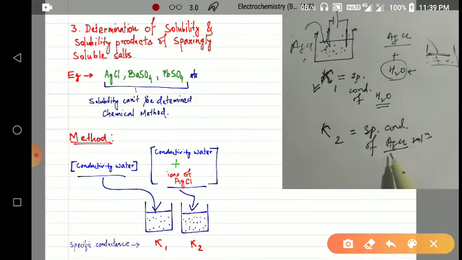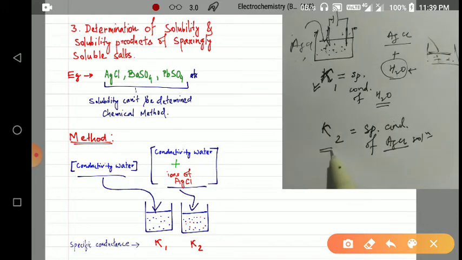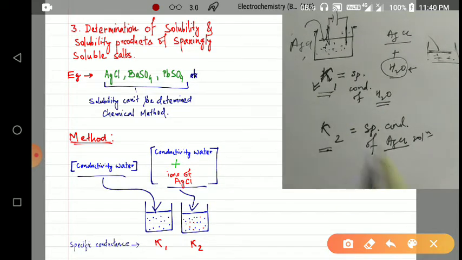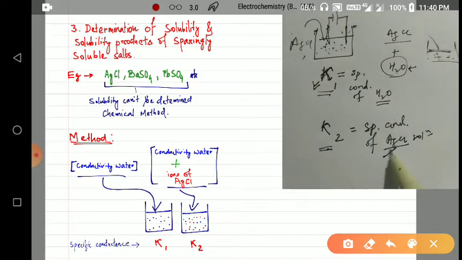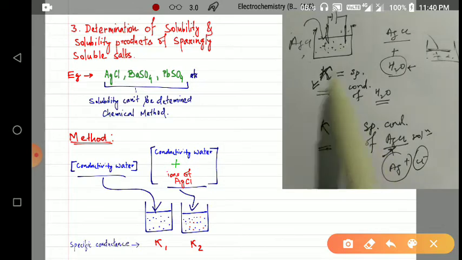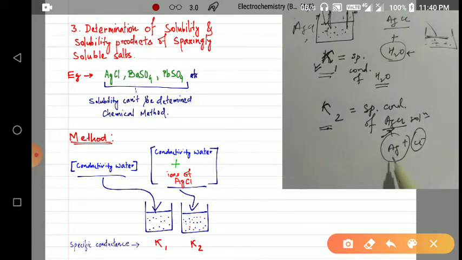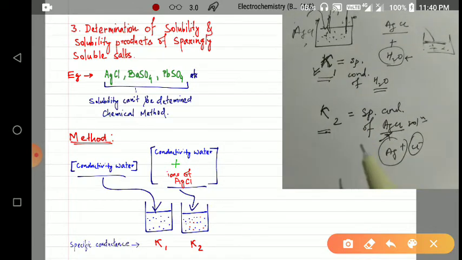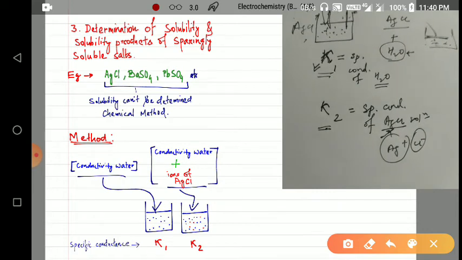K2 will be slightly higher than K1, because additional Ag positive and Cl negative ions will be formed inside this solution, and they will contribute to the conductivity of that solution.